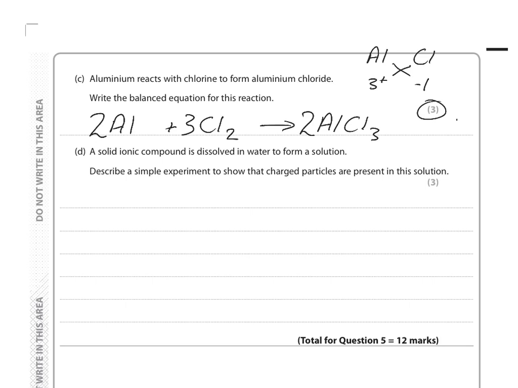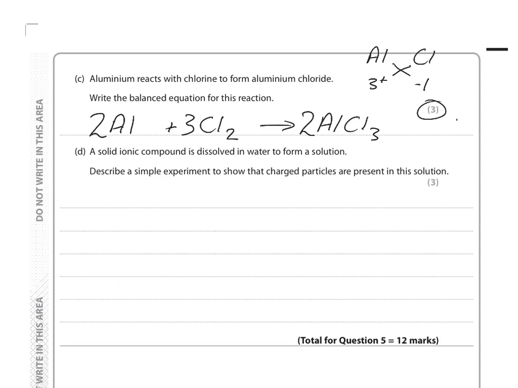The last part was really quite straightforward, part D. A solid ionic compound is dissolved in water to form a solution. Describe a simple experiment to show that charged particles are present in this solution. Well, when ionic compounds dissolve, the ions are free to move, and the easiest way to prove that it conducts electricity is to use electrodes.